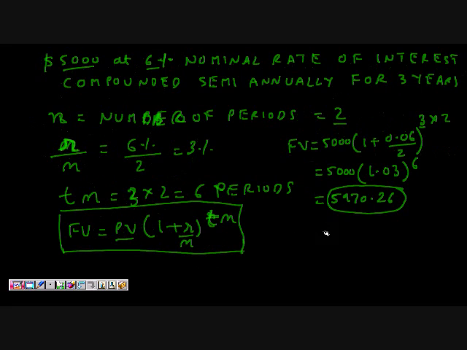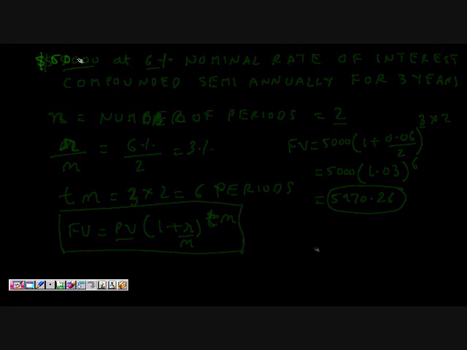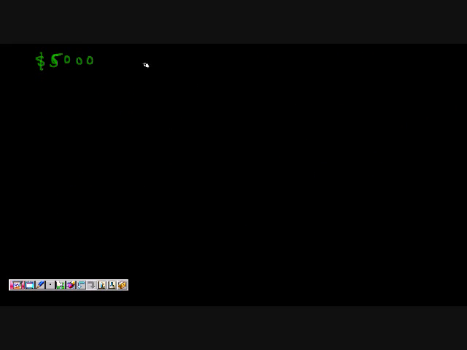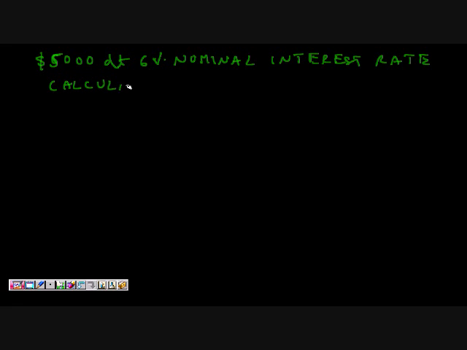Now what happens if we calculate interest on a monthly basis instead of every 6 months? Let's find that out. At 6% nominal interest rate, calculated monthly for 3 years.